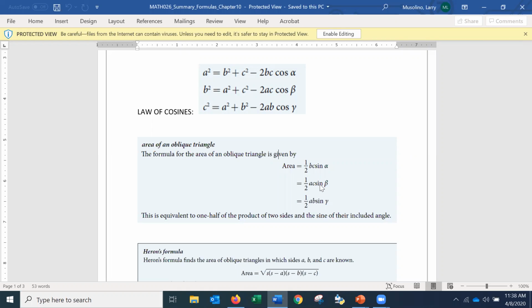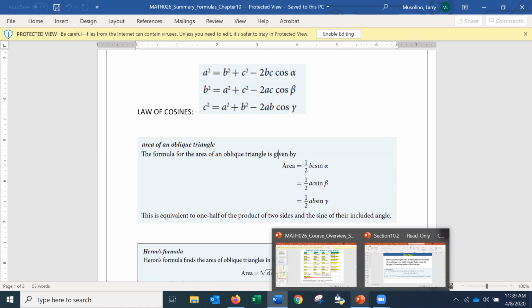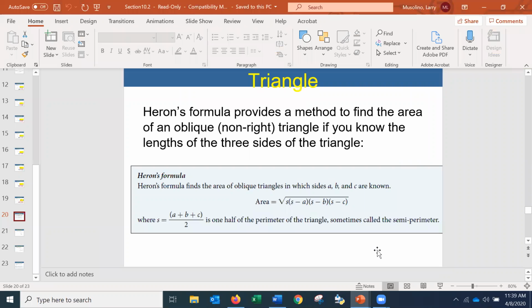Now, if you know the 3 sides, you could figure out the angles yourself using law of cosines. And then use one of these formulas that I'm circling. But there's an easier way where you don't really have to find the angles if you don't want to. That's this formula.